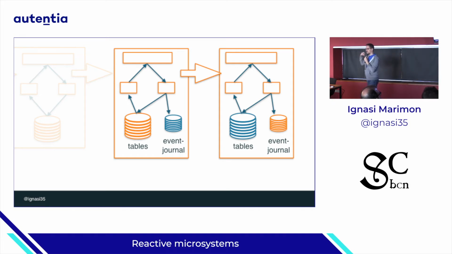And I can just create a completely different representation. I have everything that happened since the Big Bang of my system recorded. So I can just decide that I want to represent it in a slightly different way, which may be faster, which may be more efficient for my views, whatever.